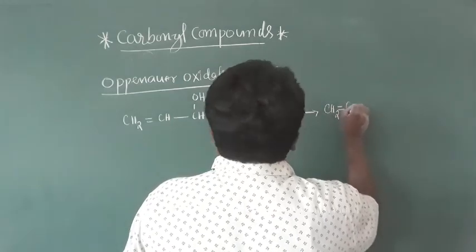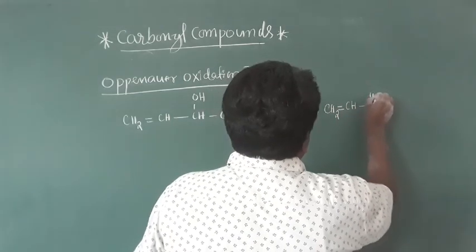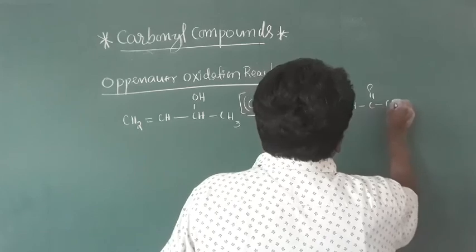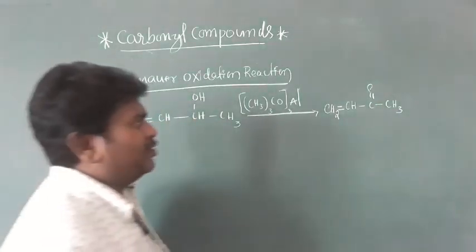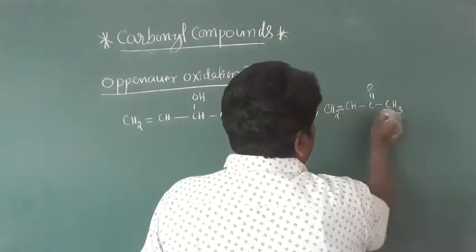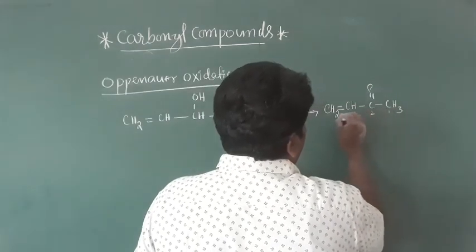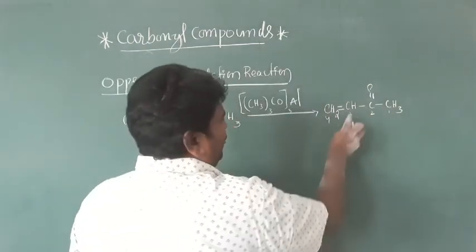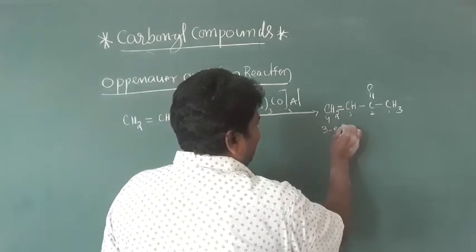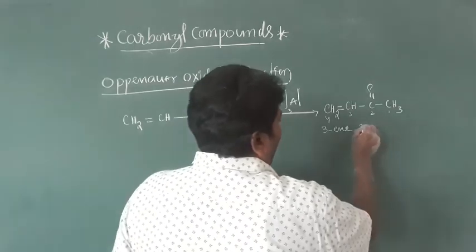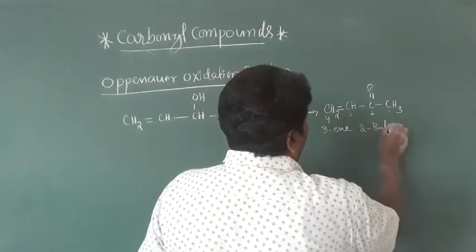So this one gives CH2 double bond CH, C double bond O, and CH3. What is the IUPAC name? See, it is 1, 2, 3, 4, with the double bond between 3 and 4, so it is 3-buten-2-one.